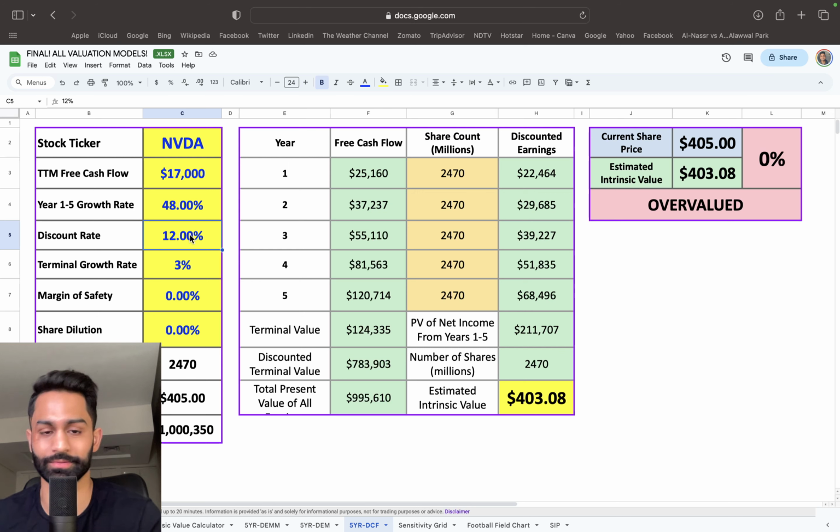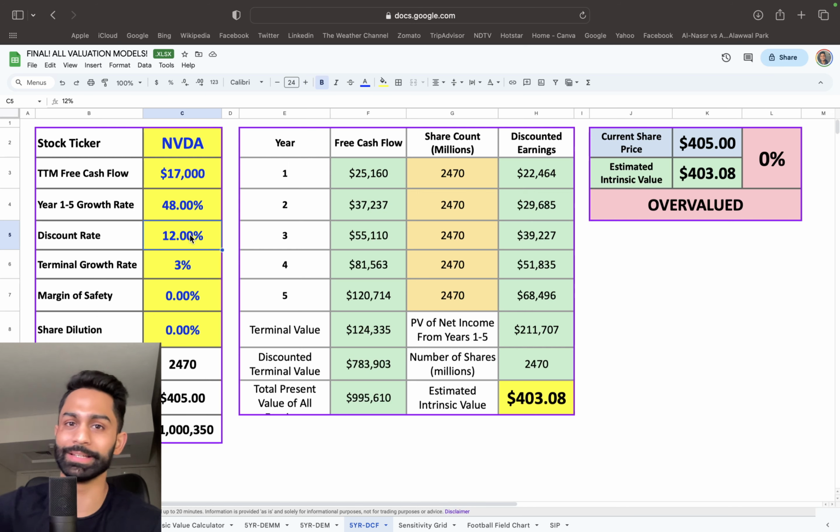Is that possible? I don't know. Is that going to happen? I don't know. That's part of the analysis, right? But it's possible, but how probable is it? That's the real question that I think most people need to ask themselves at $405, $403 Nvidia today. Is it possible for Nvidia to grow at 48% free cash flows every single year for the next 5 years?